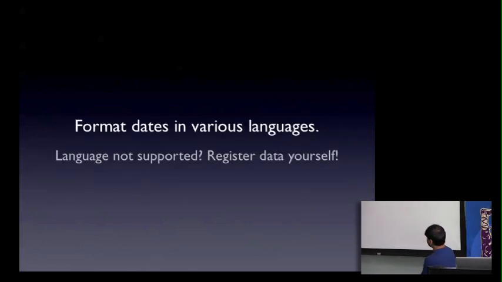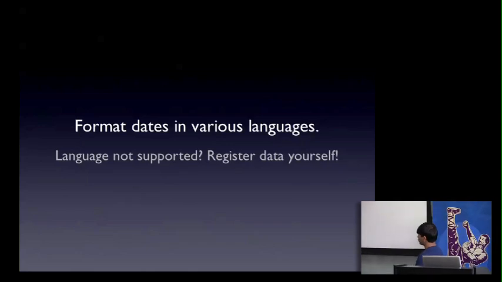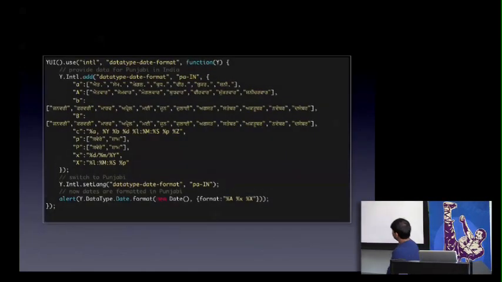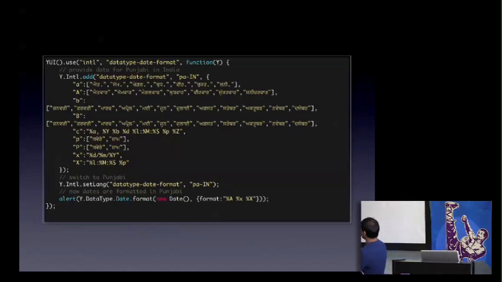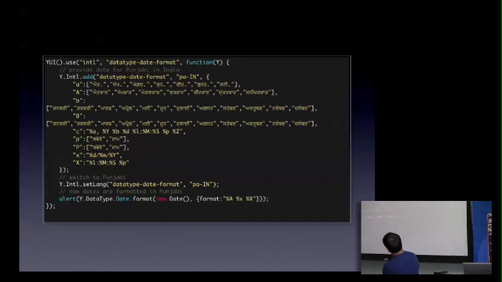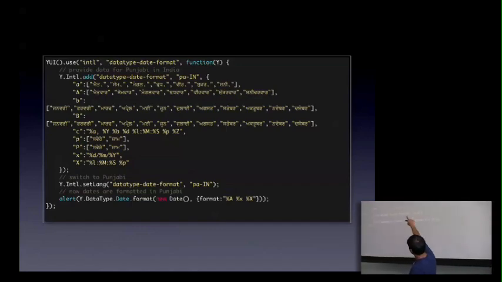So one interesting thing that data type does is that it formats dates in different languages for you. And if your language isn't supported, you can register data yourself. So this is really useful for localization stuff. For example, this code here actually formats a date in Punjabi. What we're doing here is we're setting some tokens, and we're setting them to specific Punjabi arrays that we're interested in.